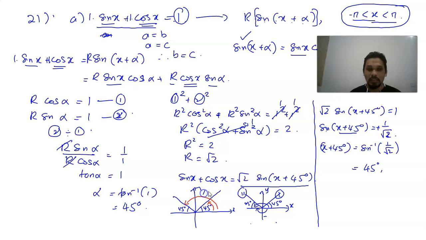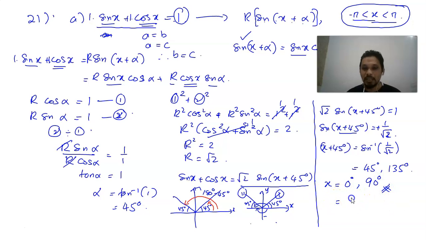This is 180 minus 45, and 180 minus 45 equal to 135 degree, and x plus 45 equal to 45, bring to the side, become negative, so 45 minus 45, 0 degree, and 135 minus 45 equal to 90 degree.